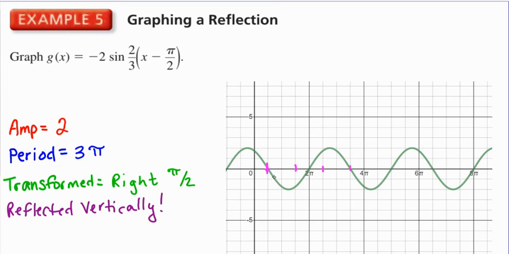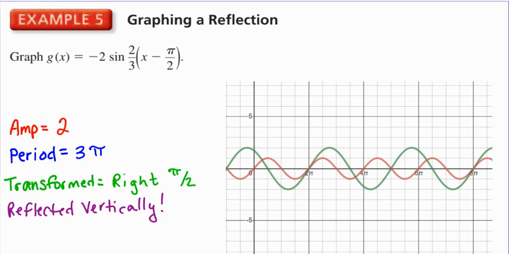This is reflected vertically, so it's going down before it goes up. And our amplitude, the highest that it reaches is 2, and the lowest that it reaches is -2.